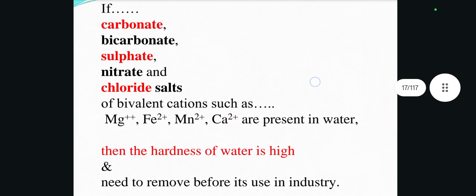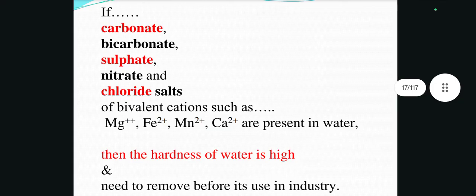So here we will see the salts that are responsible to make water hard. Salts like carbonates, bicarbonates, sulfate, nitrate, chloride salts, right? So these are the salts of which type of cations? Bivalent cations. And in bivalent cations, mostly cations like Mg2+, Fe2+, Mn2+, Ca2+.